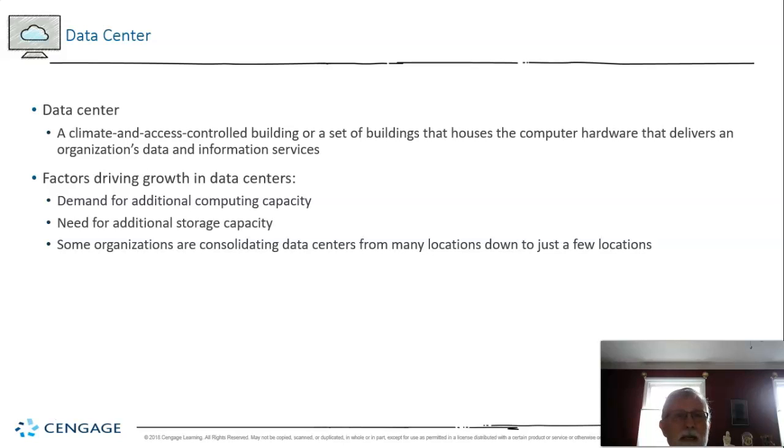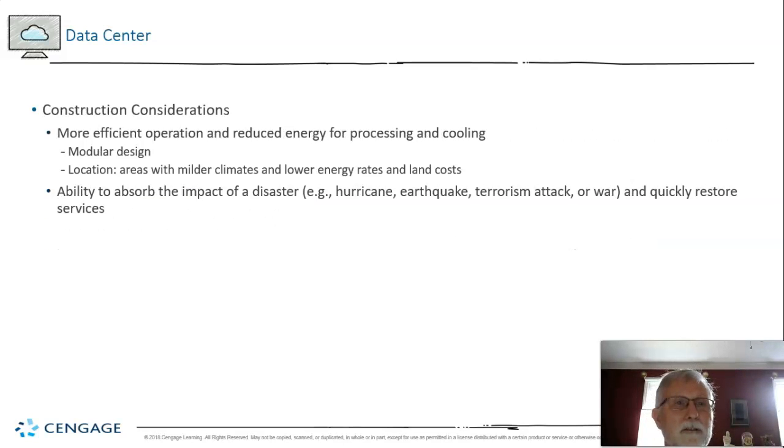Demand for more storage, additional storage needed, just more processing. I need to distribute my access securely across the country, so I need to have distributed data centers so that I'm not putting all my eggs in one basket. So if my data center goes down, I could lose. Of course, the benefit is it's definitely a whole lot easier to build one large building, and that way I can control energy and processing and cooling.